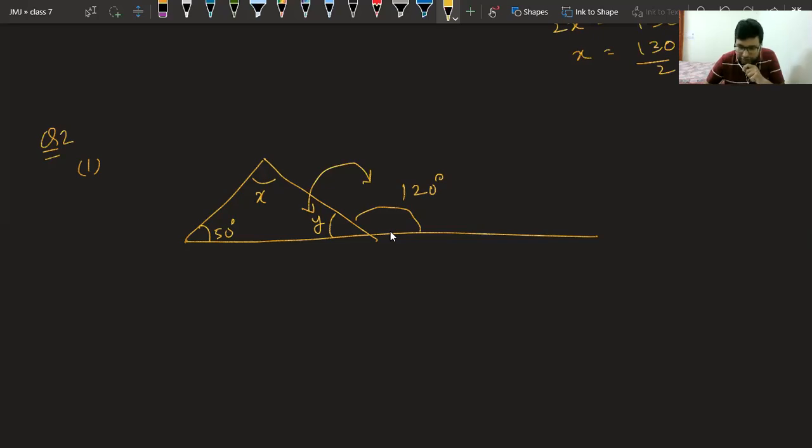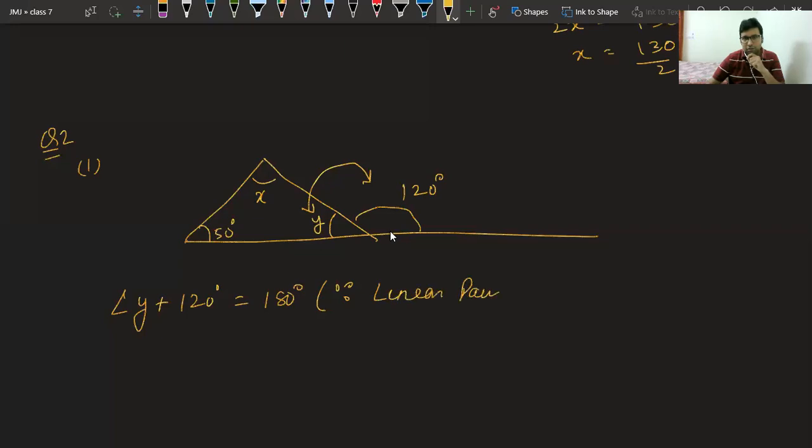Very good, Ekta. They are adjacent, but they are a linear pair because they are forming a straight line. I have told you when adjacent angles form a straight line, they are known as linear pair. So we can say angle y plus 120 degree is equal to 180 degree because linear pairs of angles.